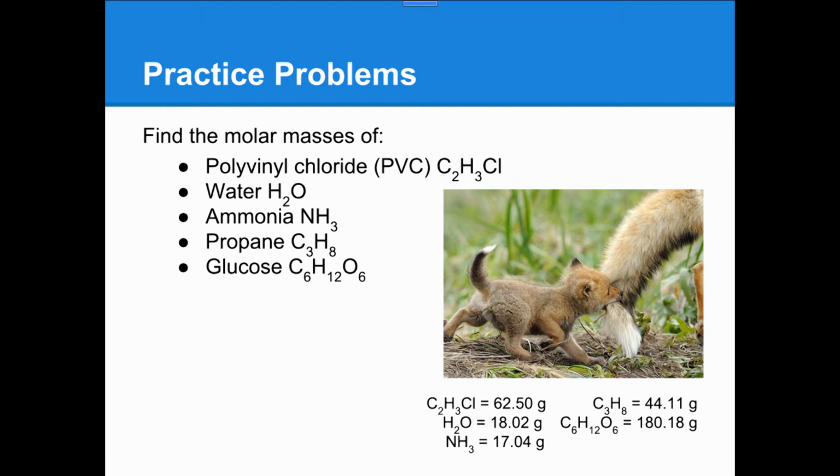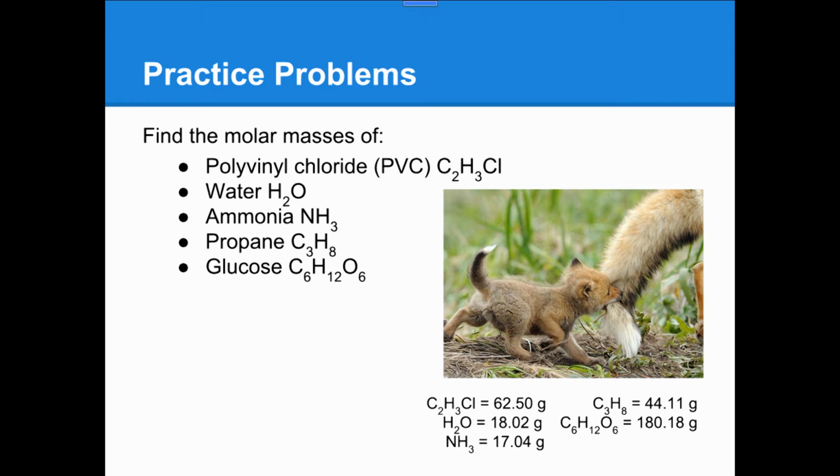Carbon is 12.01, hydrogen is 1.01, and chlorine is 35.45. For water, you have 2 hydrogens and 1 oxygen. Hydrogen is 1.01 and oxygen is 16.00. For ammonia, you have 1 nitrogen at 14.01 and 3 hydrogen at 1.01. And when you add all of those together, you get 17.04 grams.